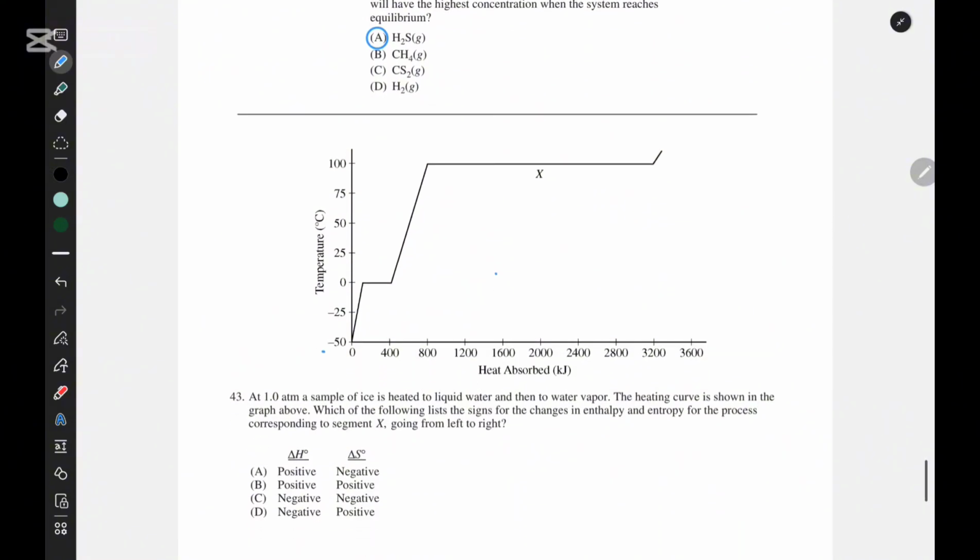For the next question, they are saying at 1 atm a sample of ice is heated. So this is solid, and when it is heated, you can see that the graph becomes constant. At this place we have solid plus liquid, at this stage we have liquid plus gas, while at this state we have gas.